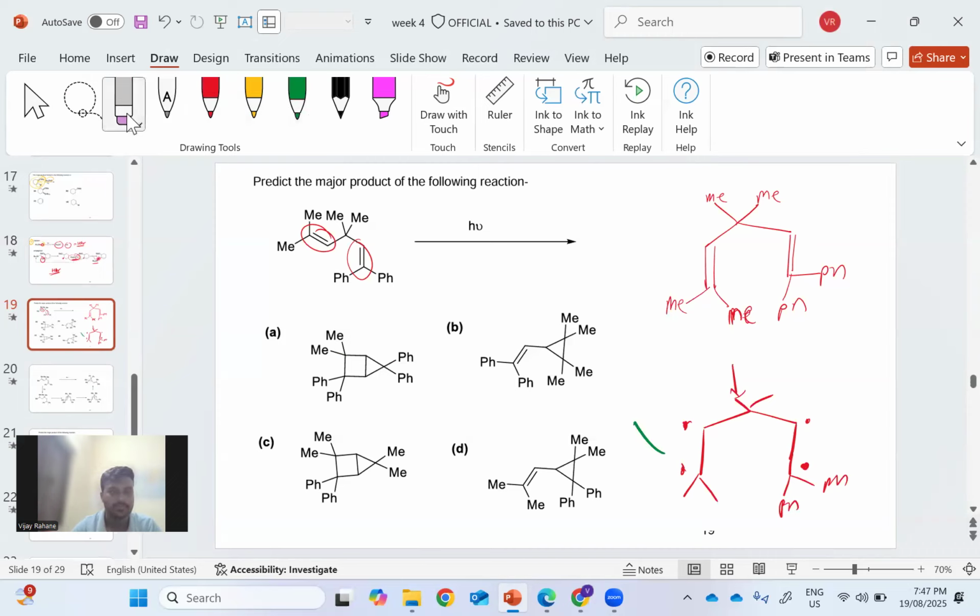So when moving from this to this, the newly formed bond will be this bond, which is going to form from here. So there is a new bond formation. This is the newly formed bond, and the radicals will be here and here.